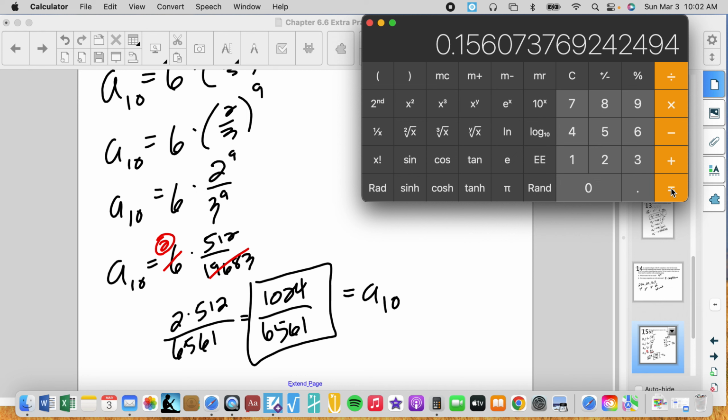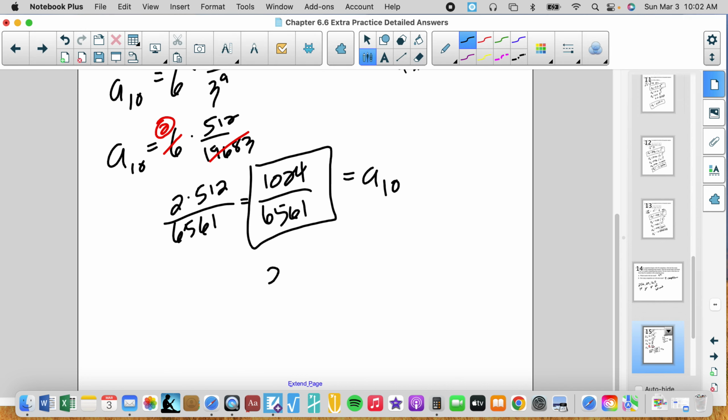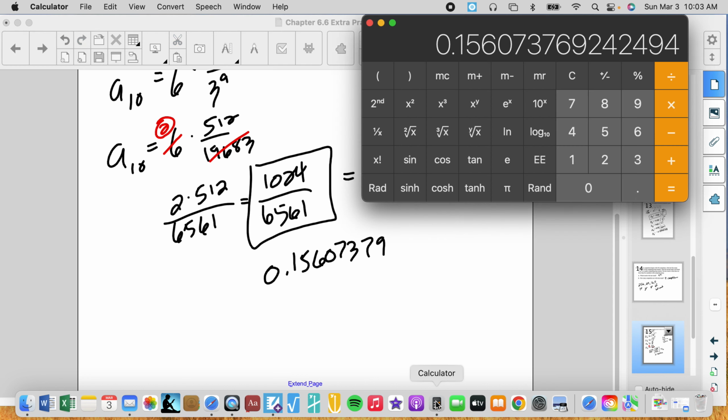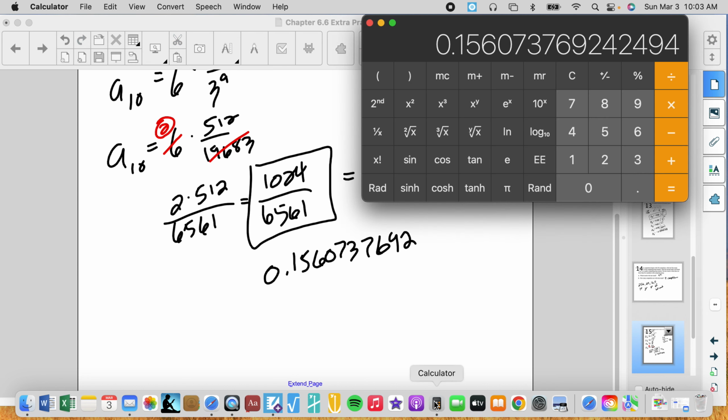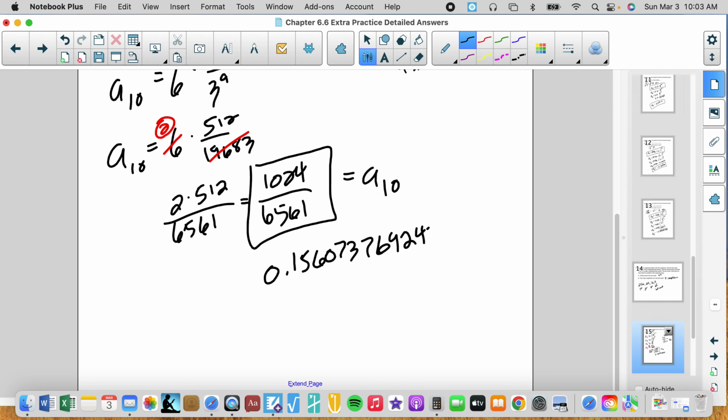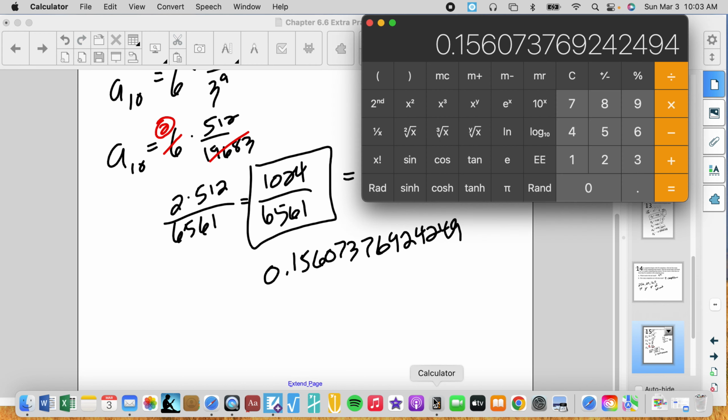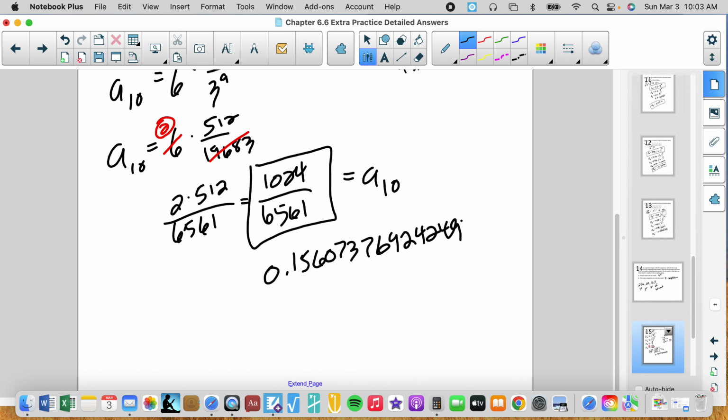I don't see where it repeats. I think it's irrational. Keep going.